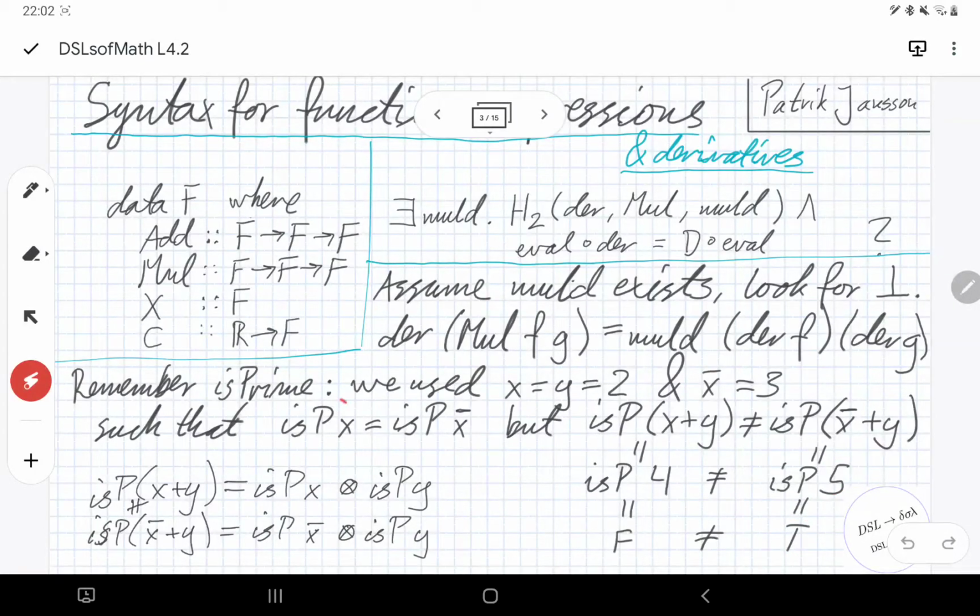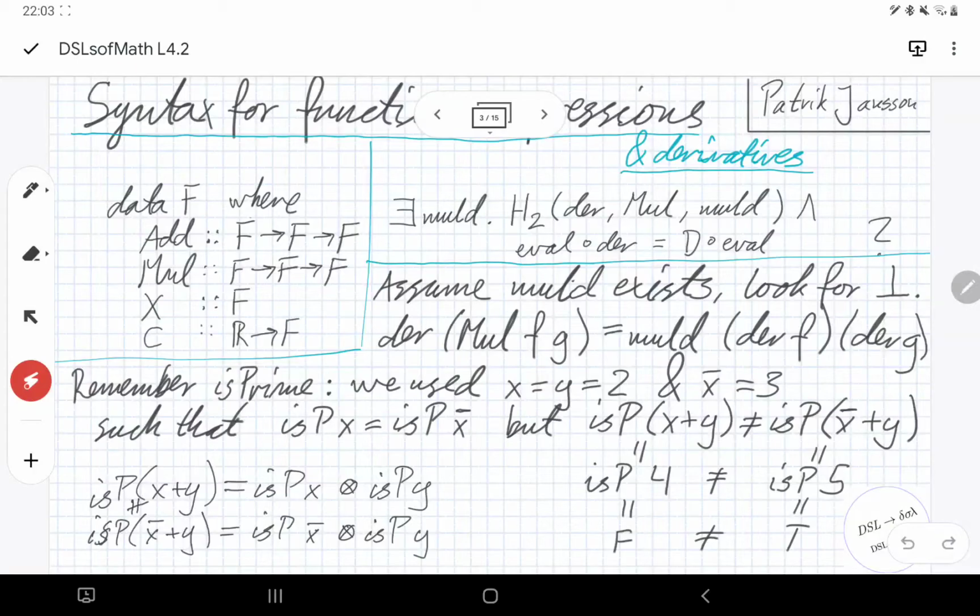So even though is prime of x equals is prime of x bar, we don't have that equality after we add y to it. And this means, down in the left corner, that we get an interesting chain. Is prime of x plus y is, if we assume there is a homomorphism to this operator, is prime of x and is prime of y.